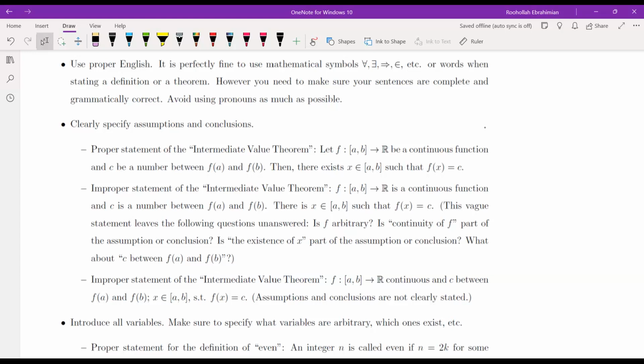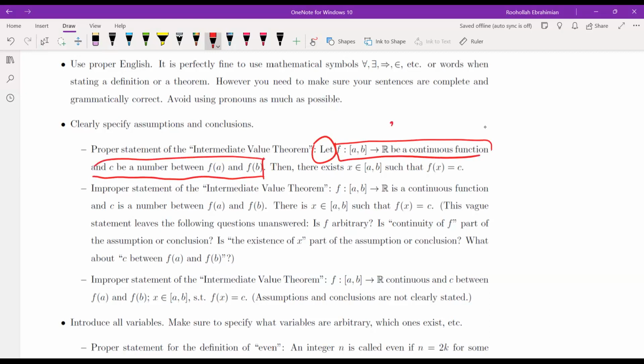So here is an example. A proper way of stating the intermediate value theorem. This "let" indicates that you're looking at assumptions. Let f from [a,b] to R be a continuous function and c be a number between f(a) and f(b). So all of that is assumption.